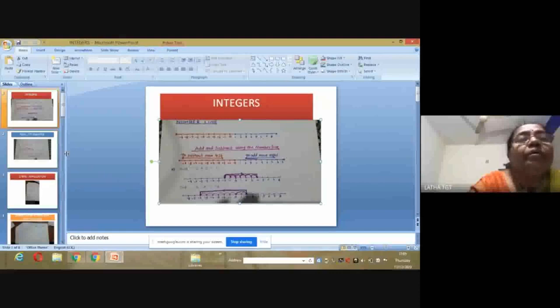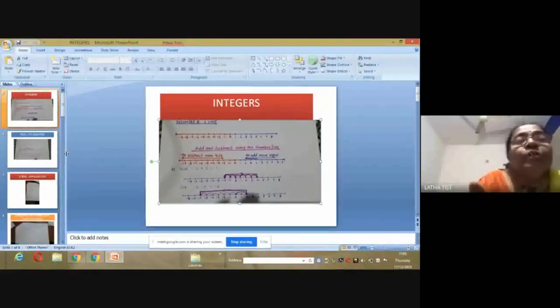When we are adding, we have to move towards our right. So we count 6 points, and where we stand, that is the answer for the problem we have taken, -2 plus 6. So -2 towards left and +6 towards right gives 4.